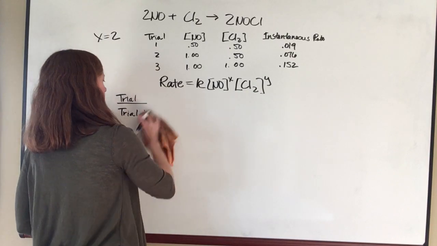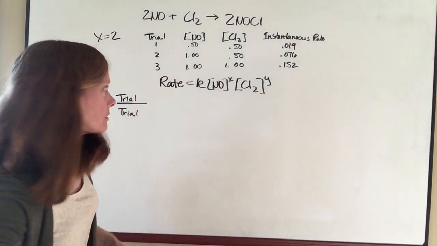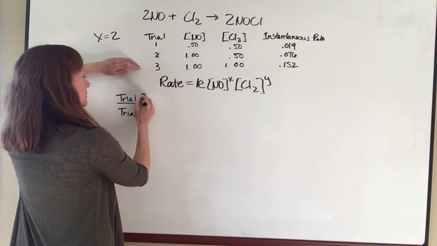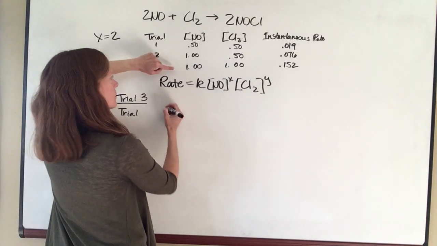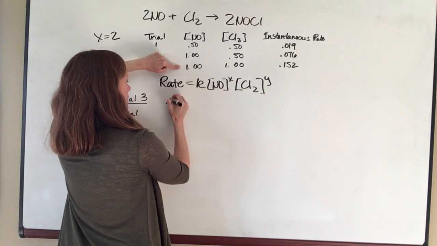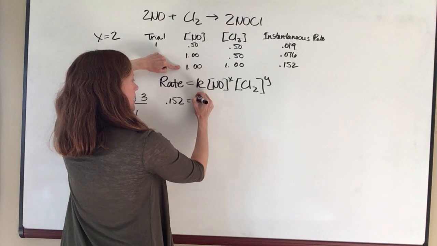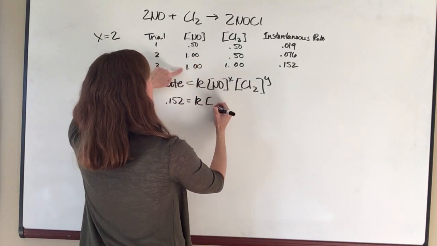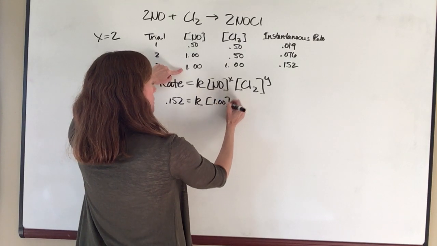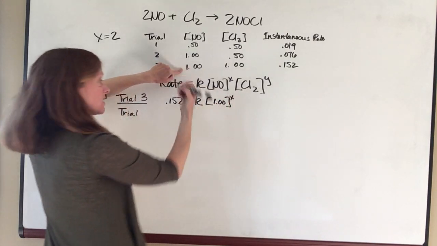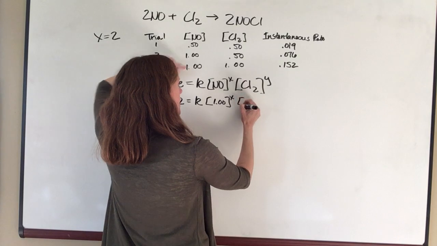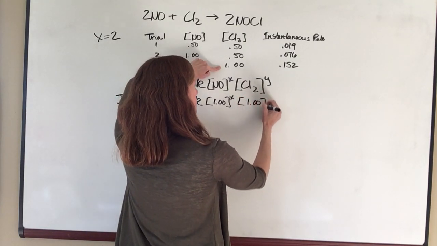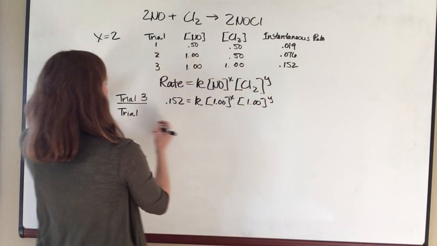So this time, I'm going to start with trial 3, and the rate is 0.152. I don't know what the constant is. NO is 1.00 raised to some power x. I mean, I know that it's squared now, times the chlorine, which is 1.00 to the y.